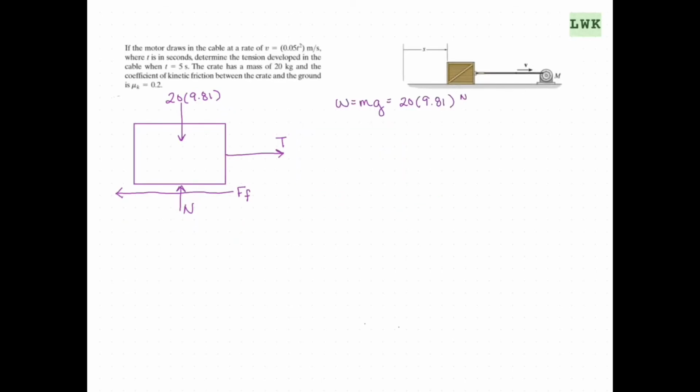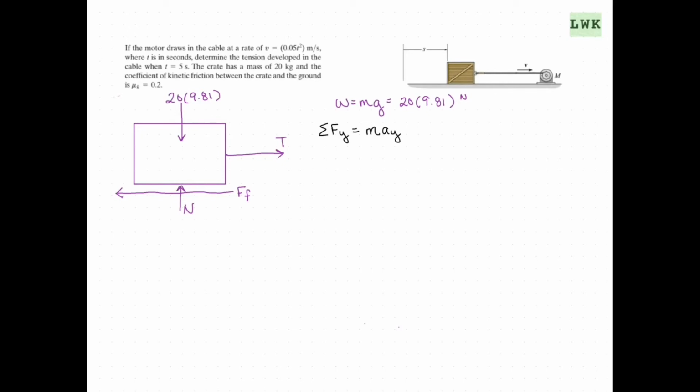Using some of these equations that we know, the sum of the forces in the y is going to equal mass times acceleration in the y. So what are our forces in the y direction?